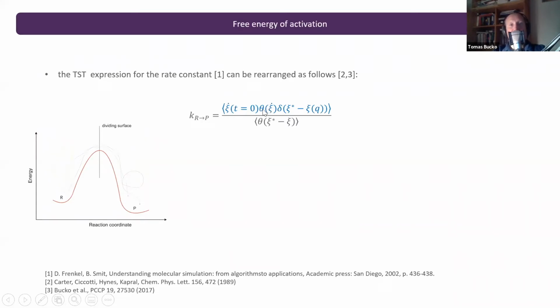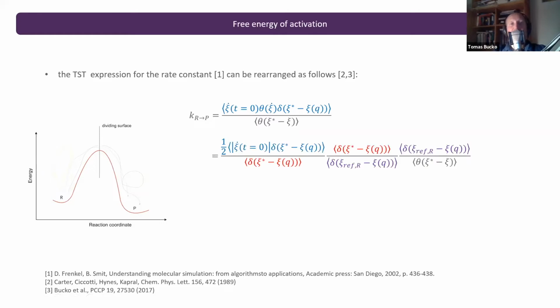This Heaviside step function chooses positive velocities and sets negative velocities to 0, as required by transition state theory. Now we can rearrange this very simply. First, we take into account symmetry: psi dot, the speed on top of the barrier, can have positive and negative sign with exactly the same likelihood. So you can replace this product by one half of the absolute value of psi dot.